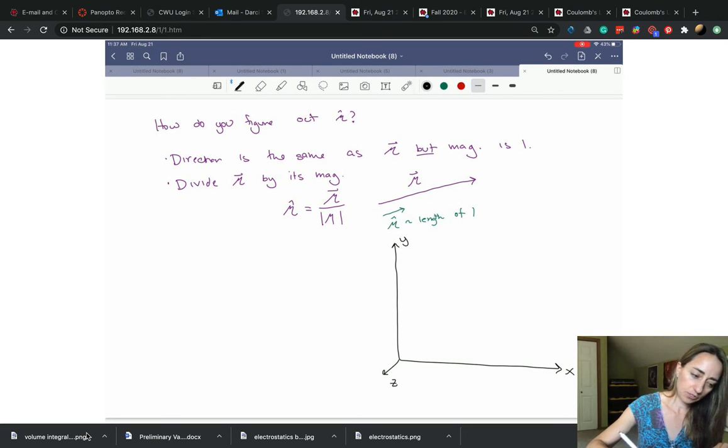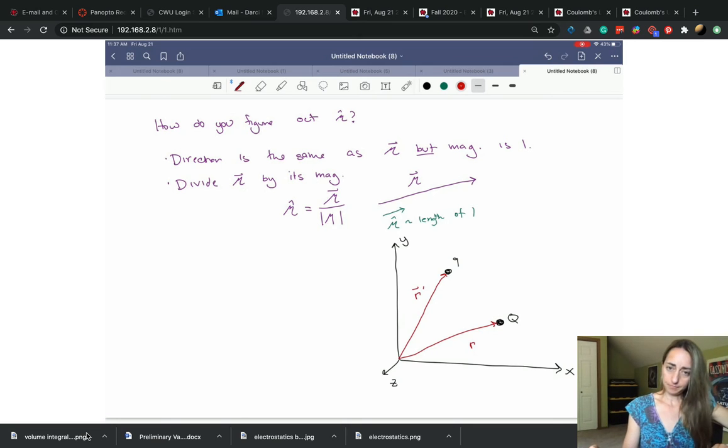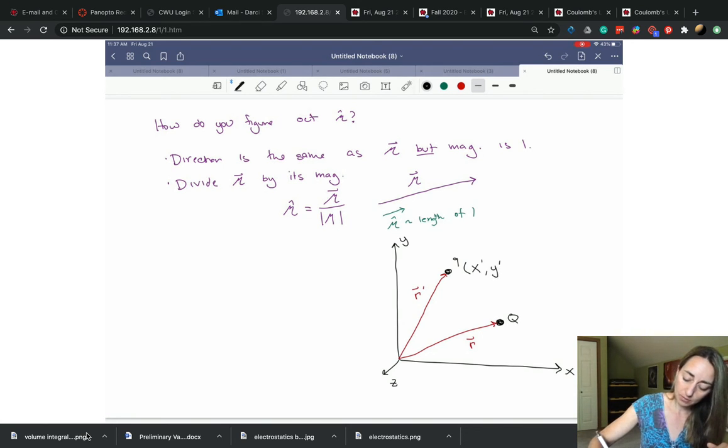I'm going to draw a couple of charges here again: little q, big Q. There is our r prime, and there is our r. If I was going to write out the positions of these particular charges in this coordinate system, I would continue with that same notation.